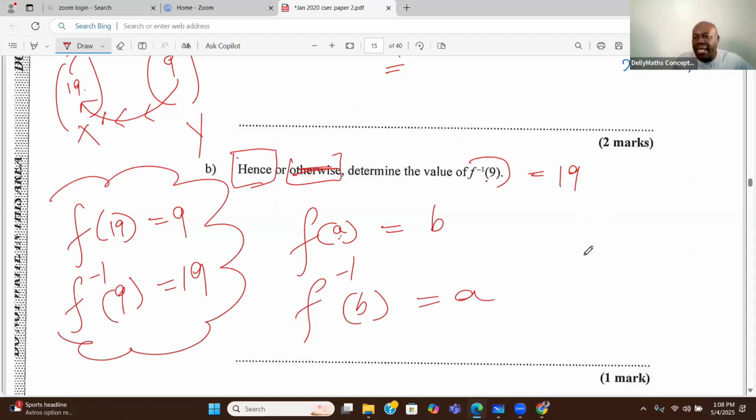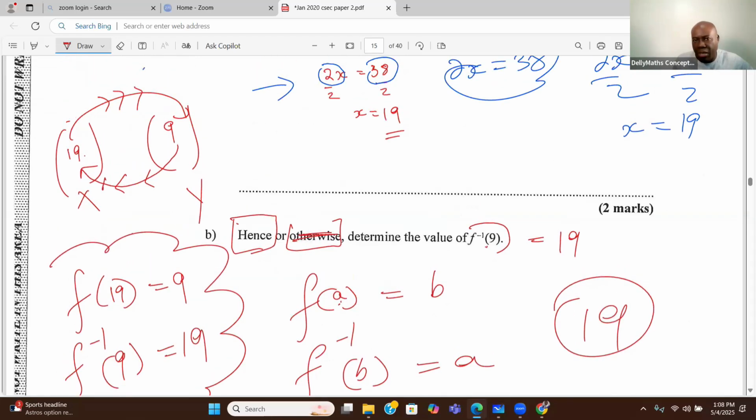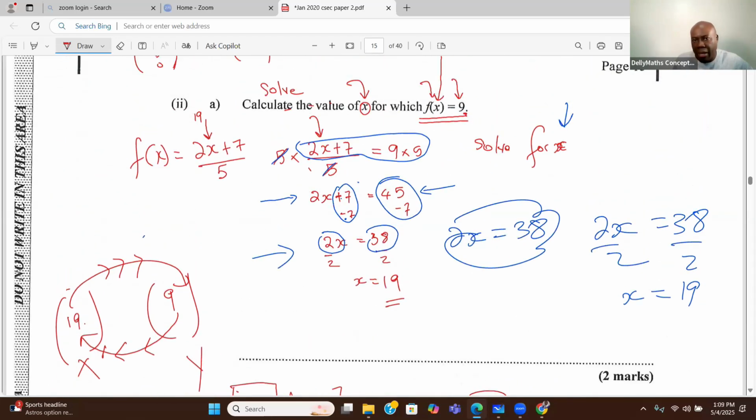So the answer is 19, and it's coming back from here. Remember they asked you about f of x, and you found 19 causing 9. So f of 19 gives 9. If they ask for the inverse of 9, 19 and 9 are inverses of each other.